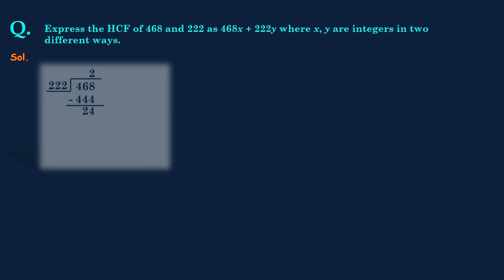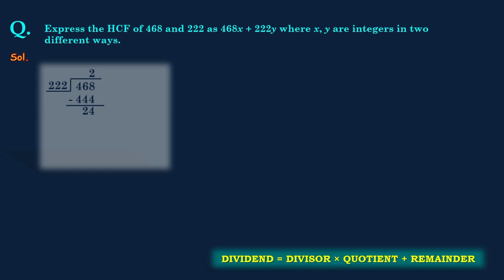Since 222 is smaller, we will consider 222 as the divisor and 468 as the dividend. 222 into 2 is 444, so the remainder is 24. As per Euclid's division algorithm, dividend equals divisor into quotient plus remainder. So 468 is equal to 222 into 2 plus 24.